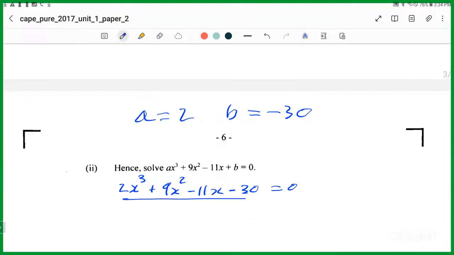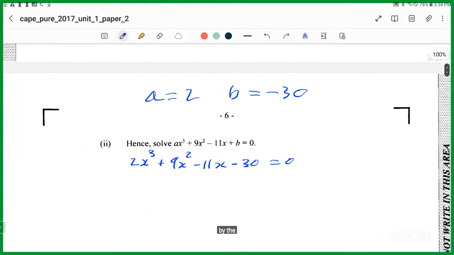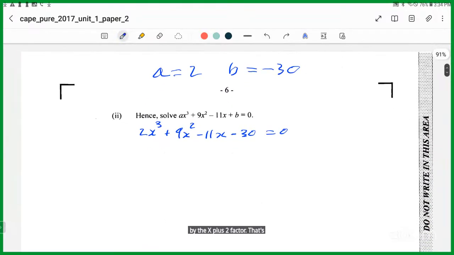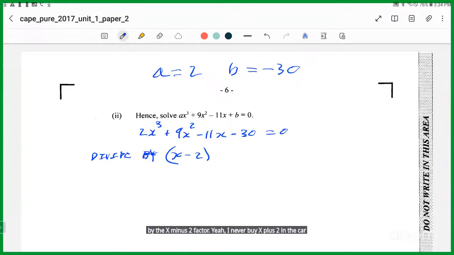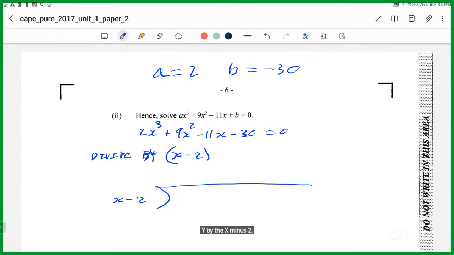I want to factorize this, so I divide by the x minus 2 factor. You can't divide by the x plus 2 because that is not a factor. So divide 2x cubed plus 9x squared minus 11x minus 30 by x minus 2.